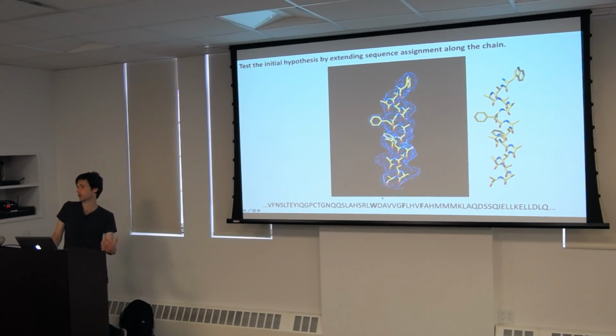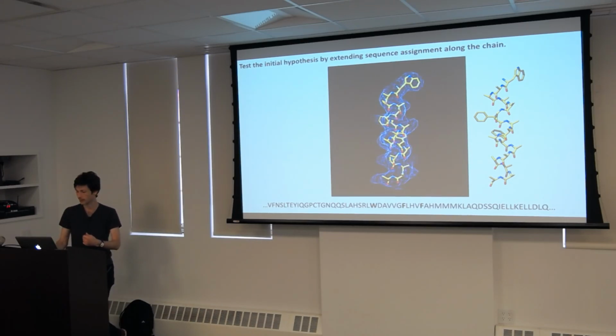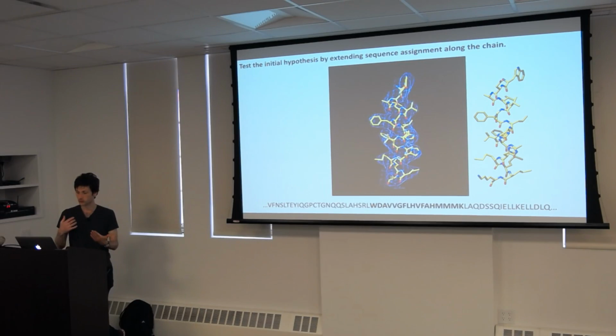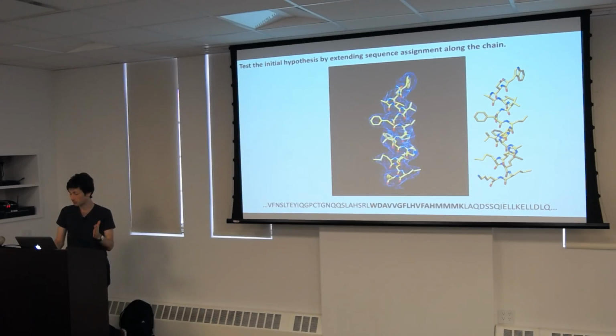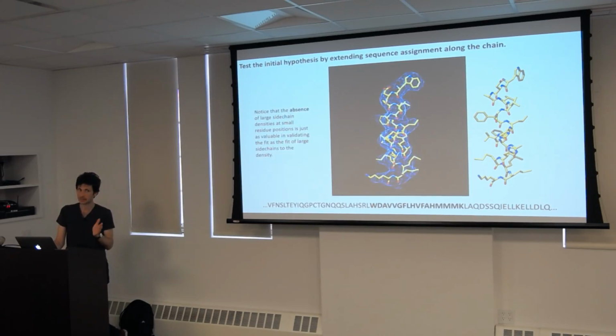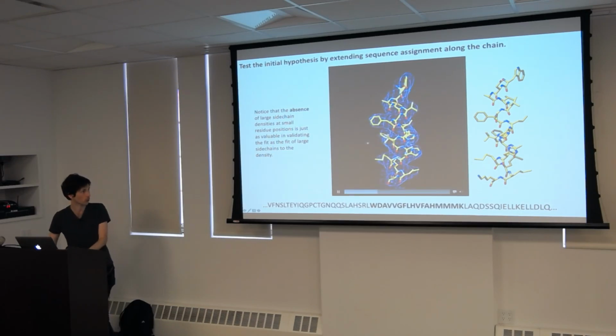Then what we want to do is test whether that checks out. You want to extend the sequence assignment to those other residues and see whether that makes sense, not just in terms of how the larger residues match the density, but the smaller ones also provide, in some sense, an even stronger constraint.